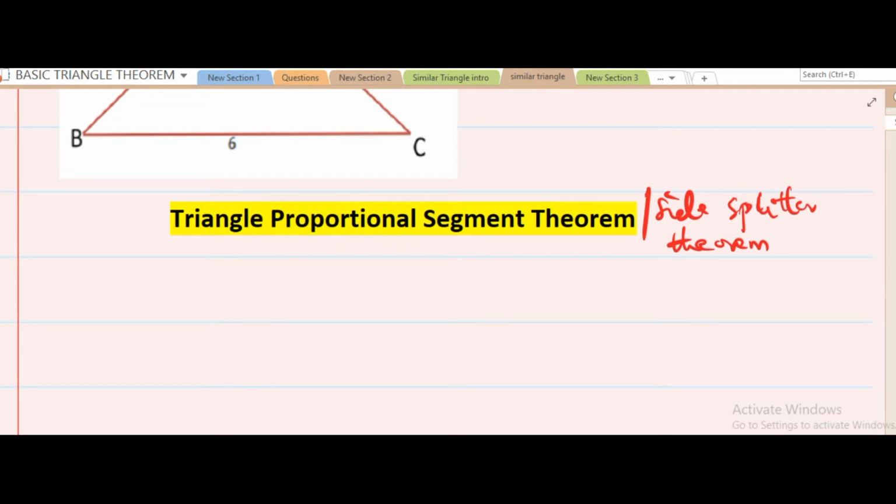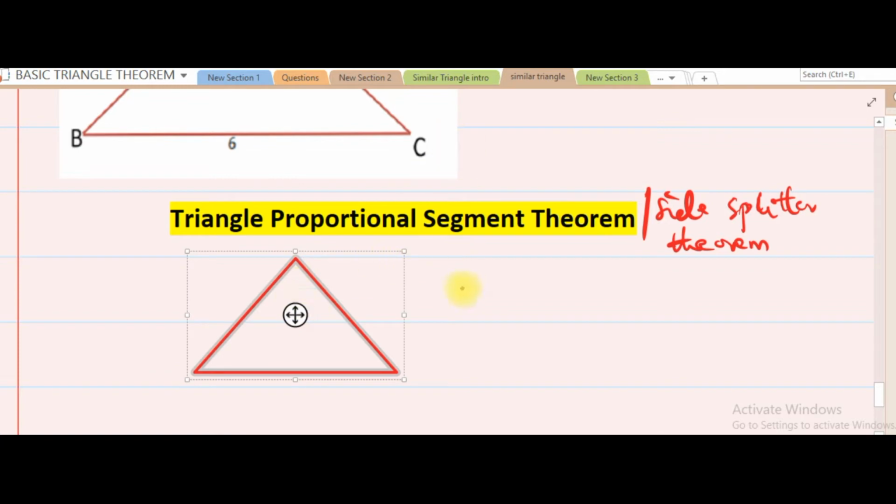So I'm saying that if you are given a triangle, and you have a line parallel to any of the sides that also intersects the other two sides, assuming AB is parallel to CD, then it divides the sides proportionally.